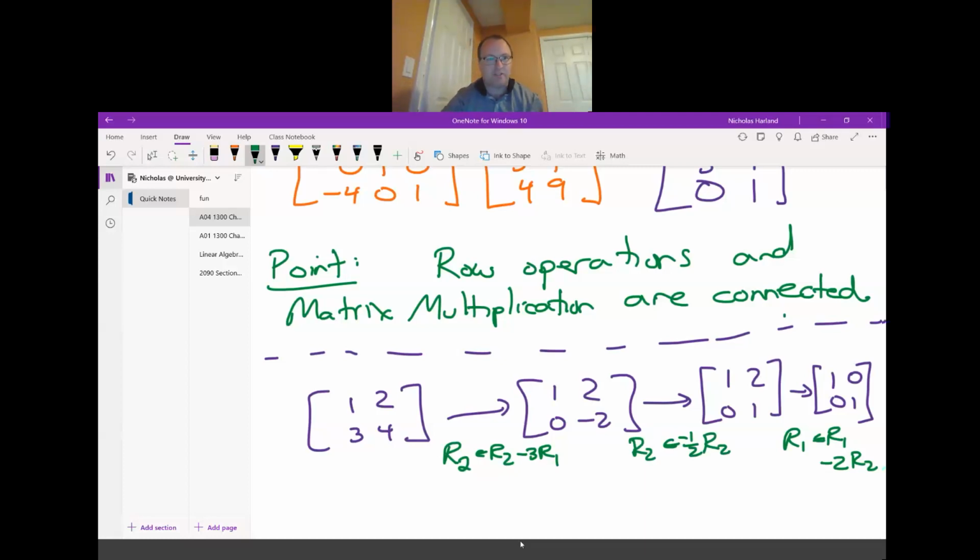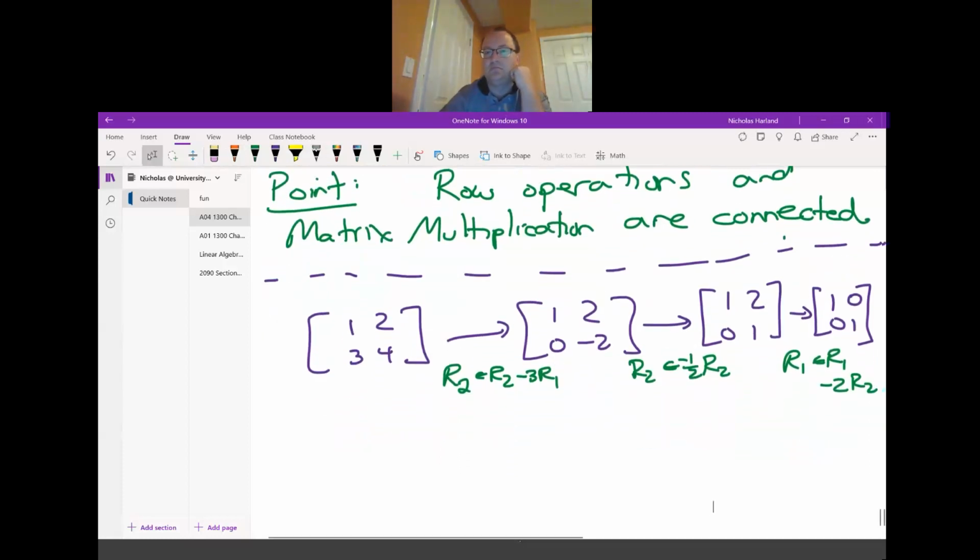All right, some people have popped off at least the row operations. So what would be the first elementary matrix, corresponding to row 2 minus 3 row 1?